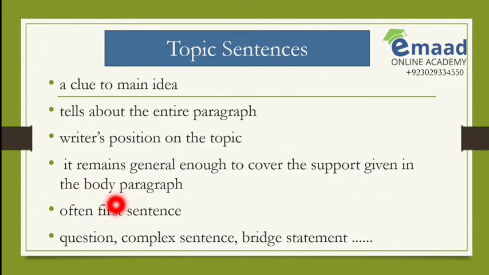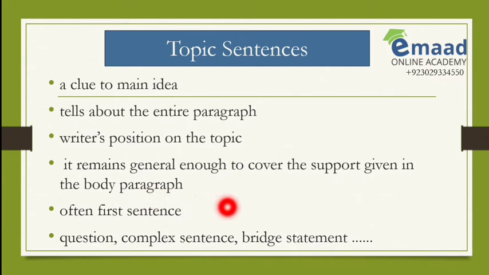And normally the topic sentence is the first sentence of a paragraph. There can be various forms of topic sentences, like there can be a question at the beginning of a paragraph. There might be a complex sentence. For example, there are many benefits, but let us talk about the food advantages that we have in village life.